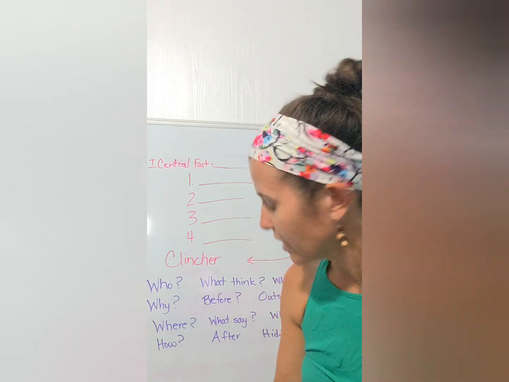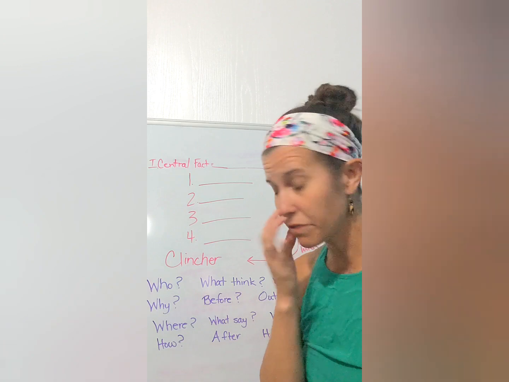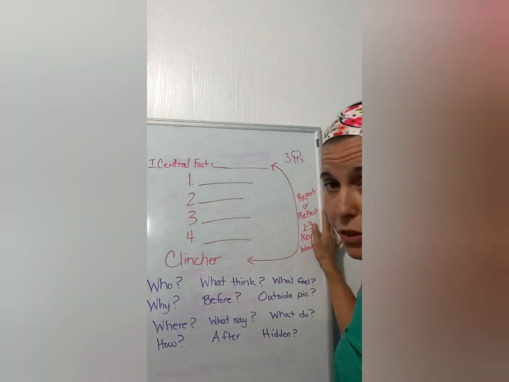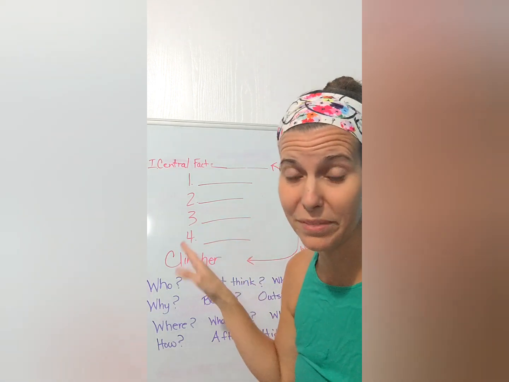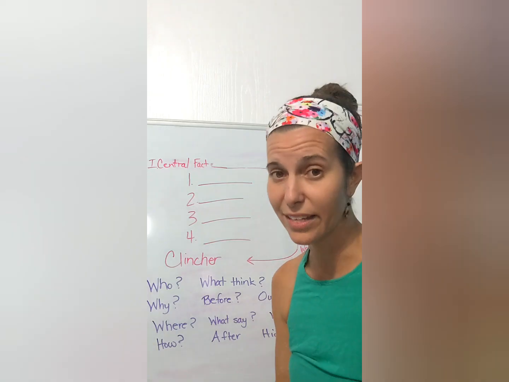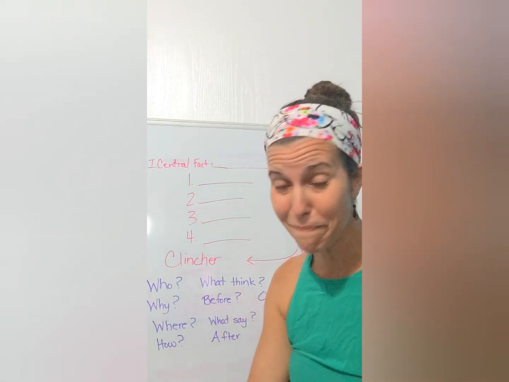Then you move on to giving details that tell again about the central fact. And then we have a clincher once again that reflects 2 to 3 words from the central fact or topic sentence.